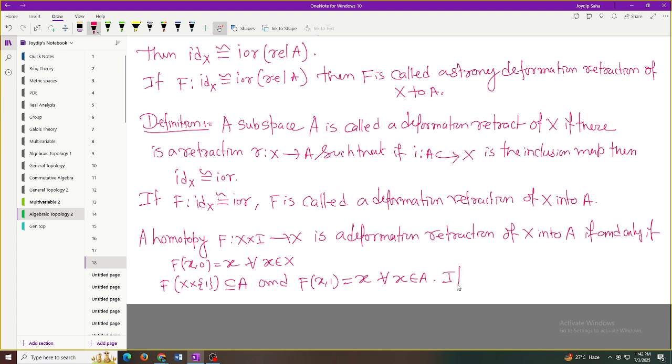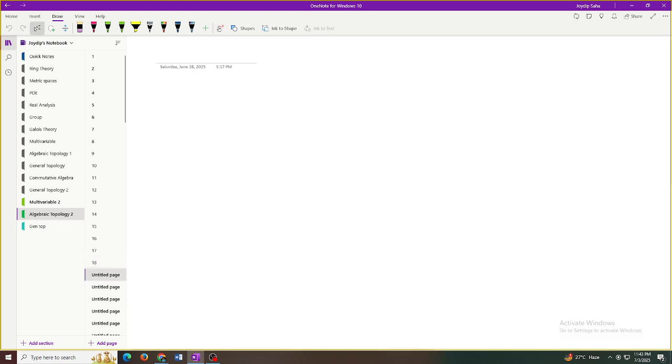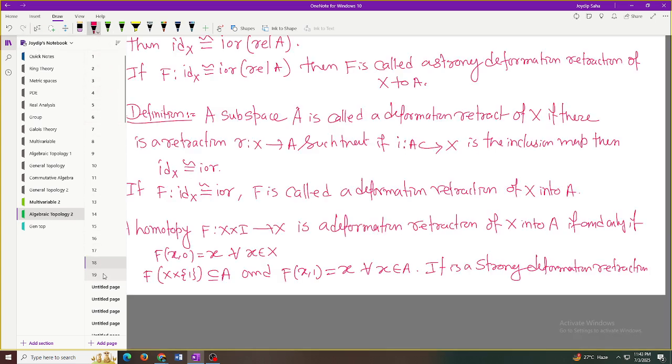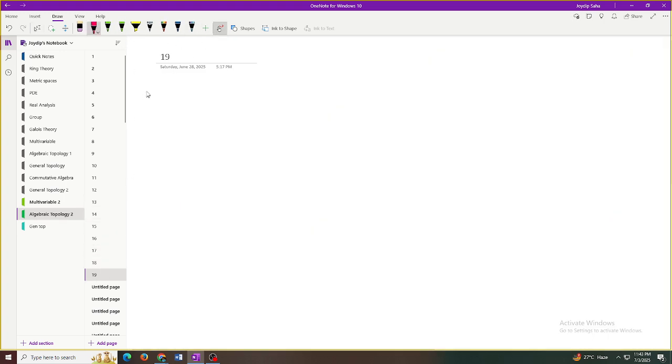It is a strong deformation retraction if and only if, not only at one level but at any t it is the identity, without disturbing A. If and only if F(x,t) = x for all x in A and for all t in I.